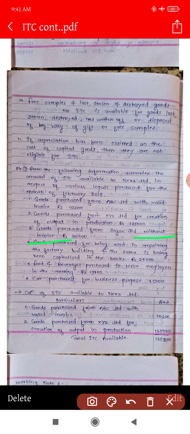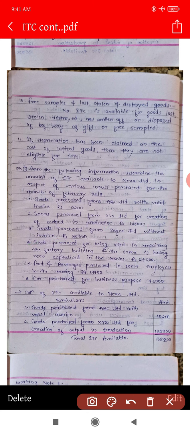What is the proof that Nexa Limited has purchased goods from Sagar Limited and paid input tax? When you don't have proof that Nexa Limited has paid tax, how will you claim input tax credit? Clear? So no input tax credit.